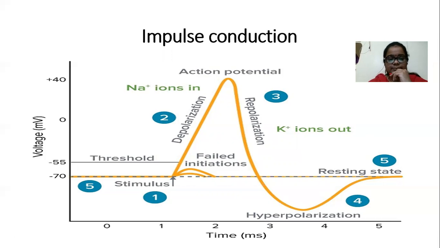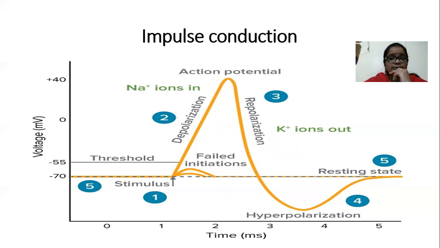The membrane potential is the difference in electrical potential between the interior and exterior of a biological cell. The neuron's resting membrane potential is minus 70 millivolts.